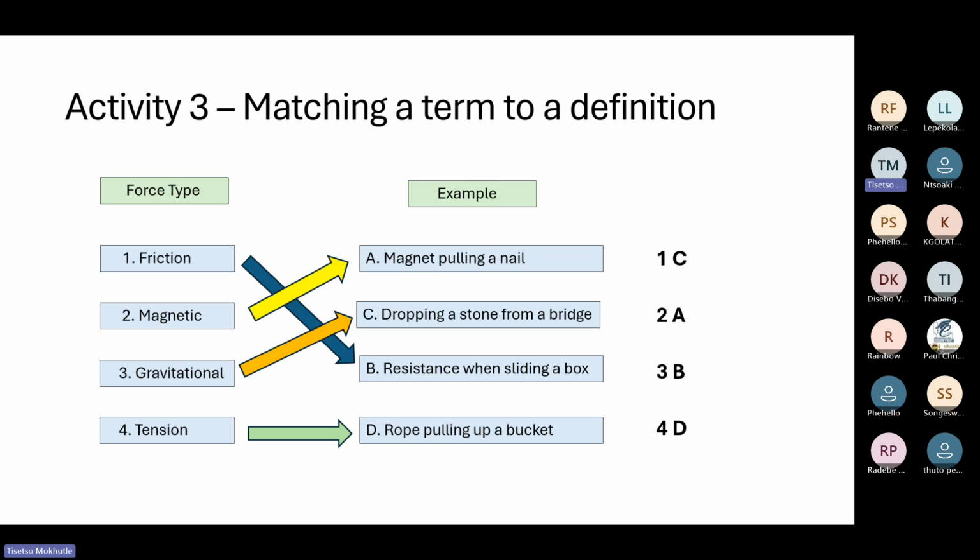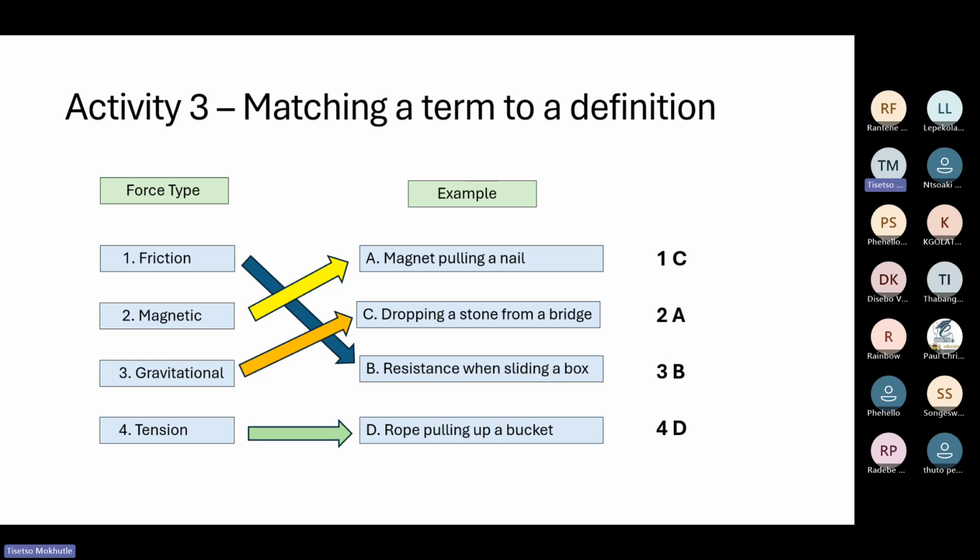So let us look at what matches friction. Obviously, resistance when sliding a box. It means friction, you get it when something is moving, sliding against the ground. The ground is trying to prevent the motion.